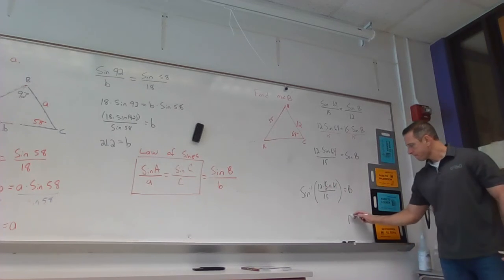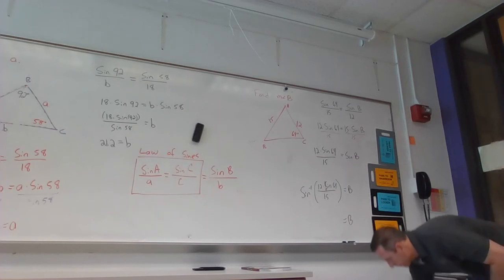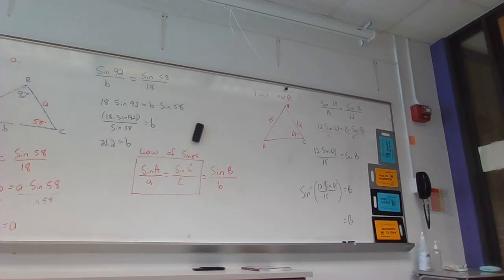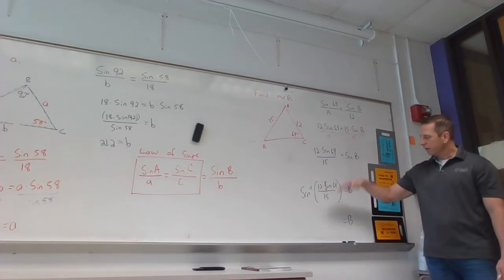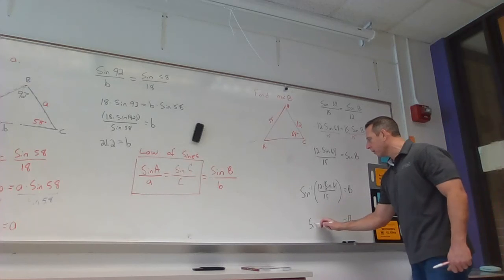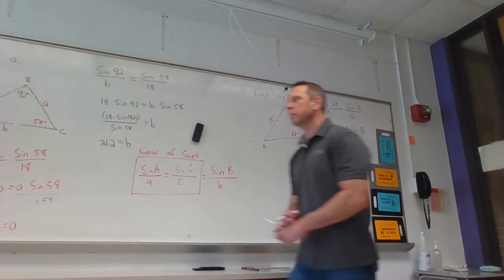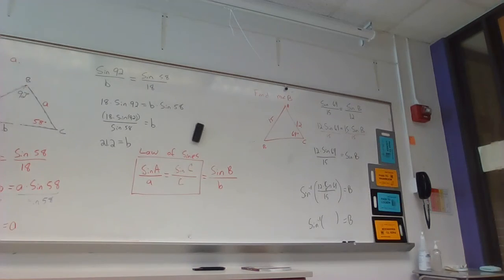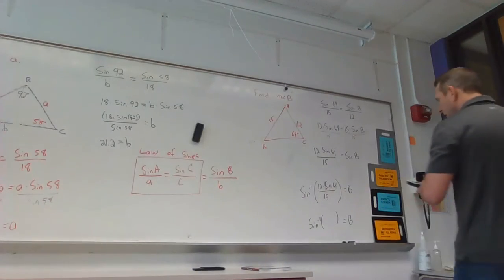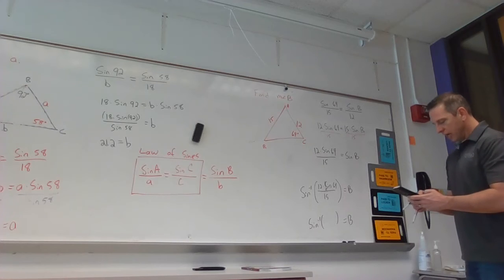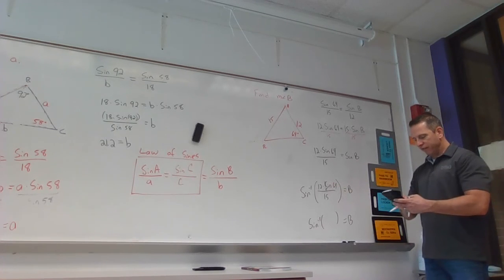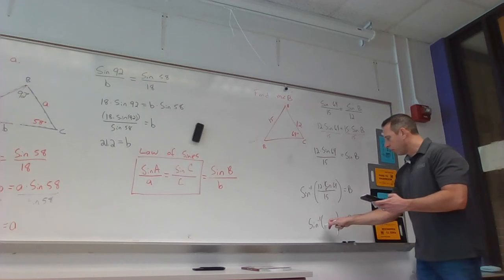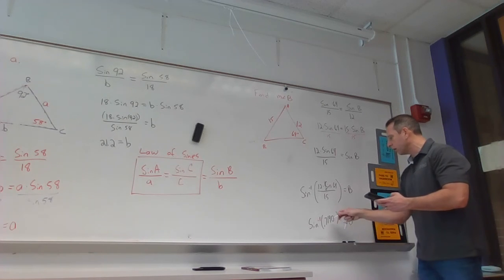So here again, 12 times sine 64, hit enter, divided by 15. Get your decimal: 0.7190.